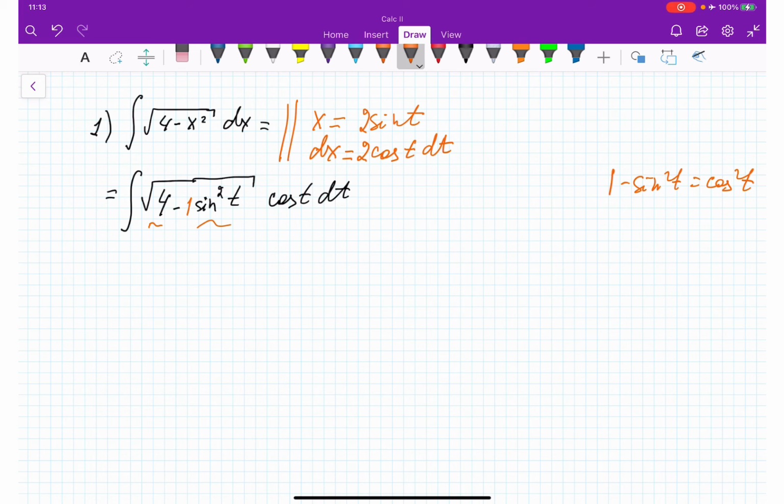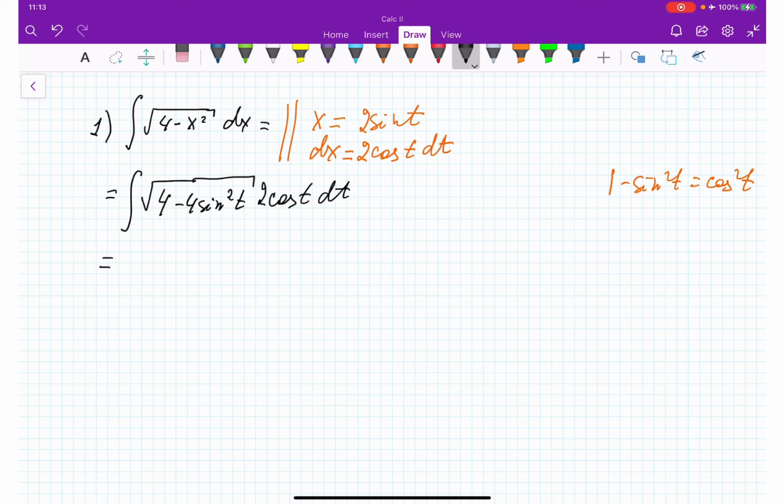Yes? So what changes are we going to make? This sine squared here will become 4 sine squared t, and I will have here 2 cosine t dt. So from here, this 4, let me rewrite it nicely, minus 4 sine squared t.